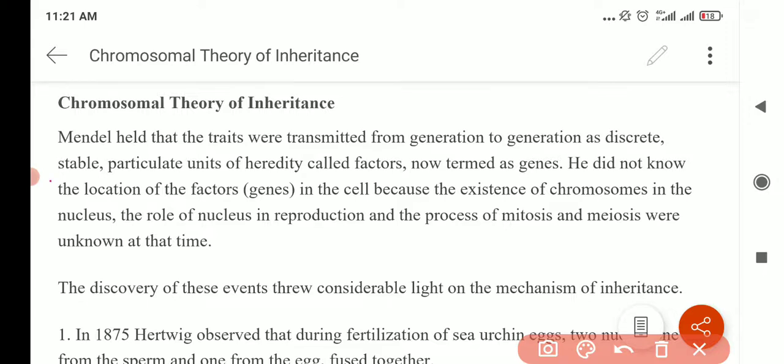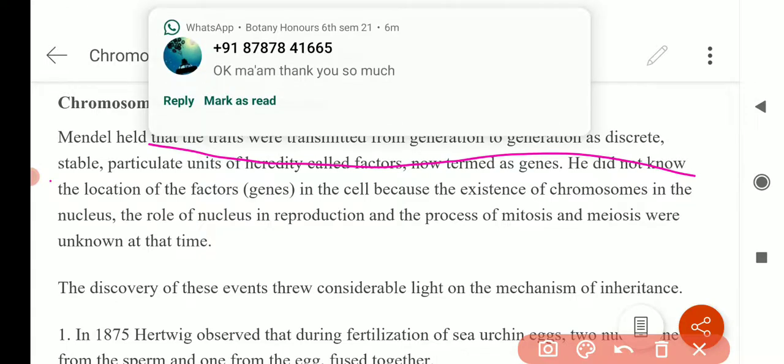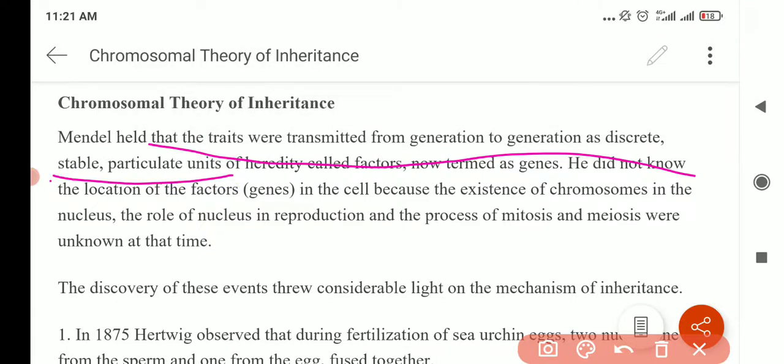Mendel held that traits were transmitted from generation to generation as discrete, stable, particulate units of heredity called factors, termed as genes. So it's exactly what we already studied, Mendelian inheritance. He says that it's the traits or genes that are transferred from parent to parent, generation to generation.